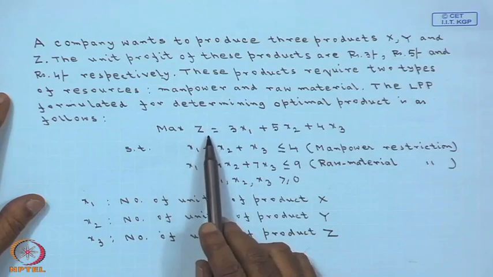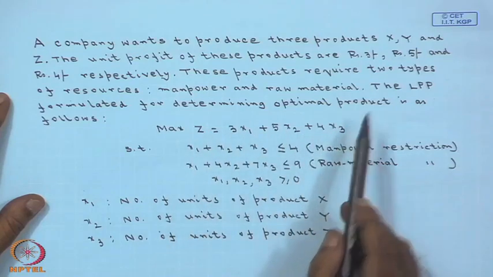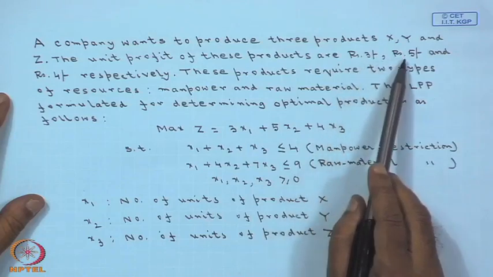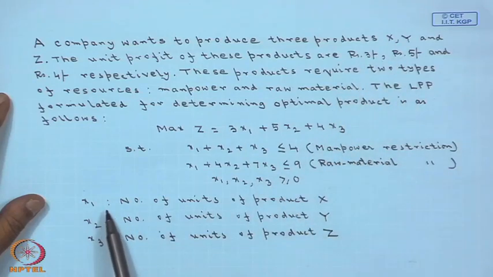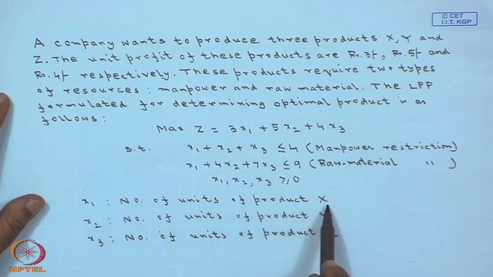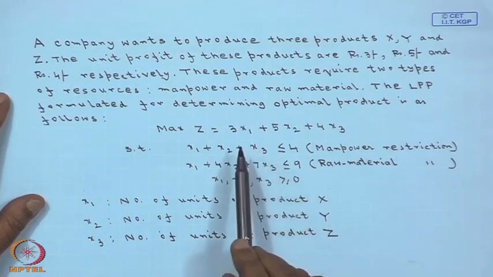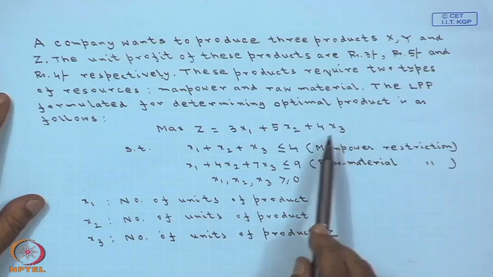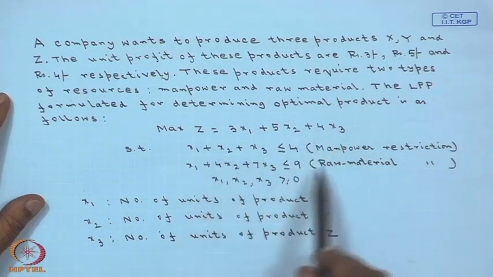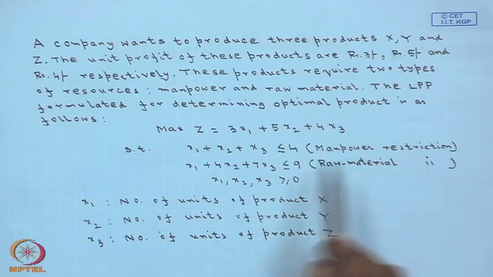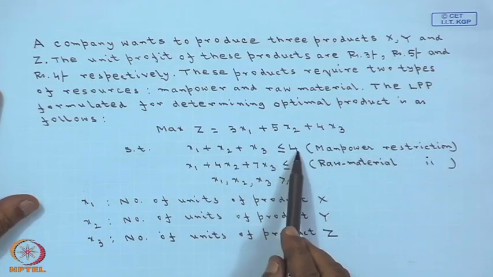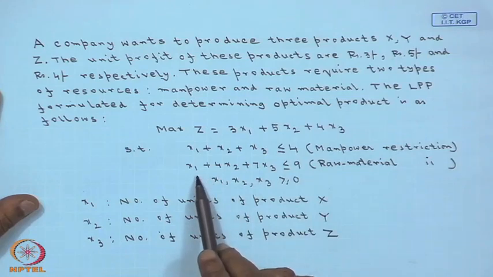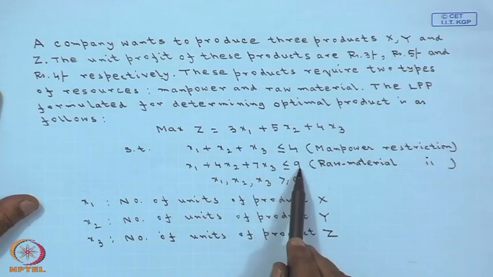Maximize Z. I am assuming x1 is the number of units of product X, x2 of product Y and x3 of product Z. So, the objective function is 3x1 plus 5x2 plus 4x3, subject to the manpower restriction x1 plus x2 plus x3 less than or equal to 4, and another restriction x1 plus 4x2 plus 7x3 less than or equal to 9.